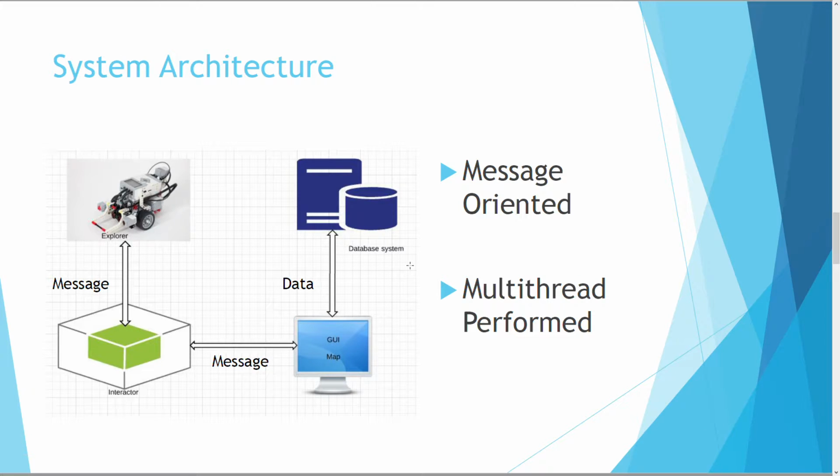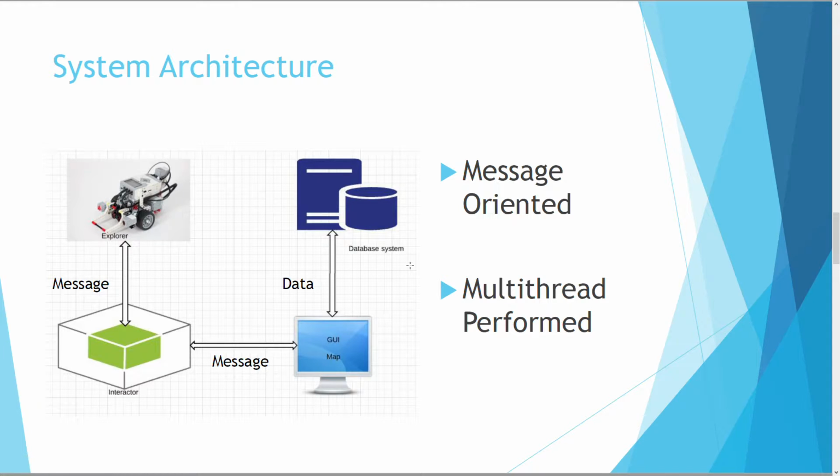And then we reach a key point of this system design, the architecture. This is the last version of our system. It includes 4 subsystems, which are the robot, an interactor, a GUI, and the database.